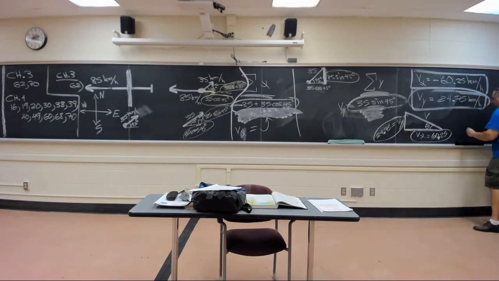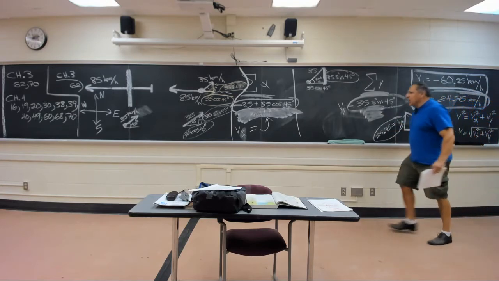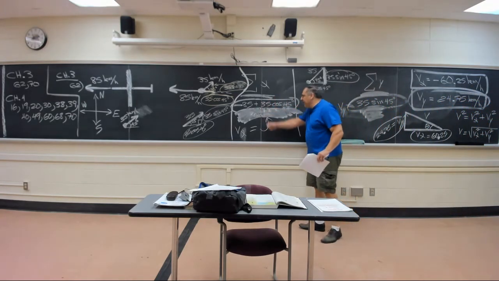How does that work? Same way it always works when you're adding things associated with triangles. It's the Pythagorean theorem. Take Vx and square it. Take Vy and square it. The sum of those two, square rooted, will give you V. Get an answer for Vx, square it.